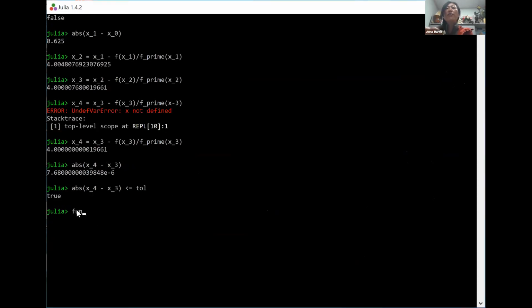You need to write a function, a function for Newton's method, that takes input like that. And then I'm going to start with finding x1, which is x0 minus f of x0 divided by f prime of x0.